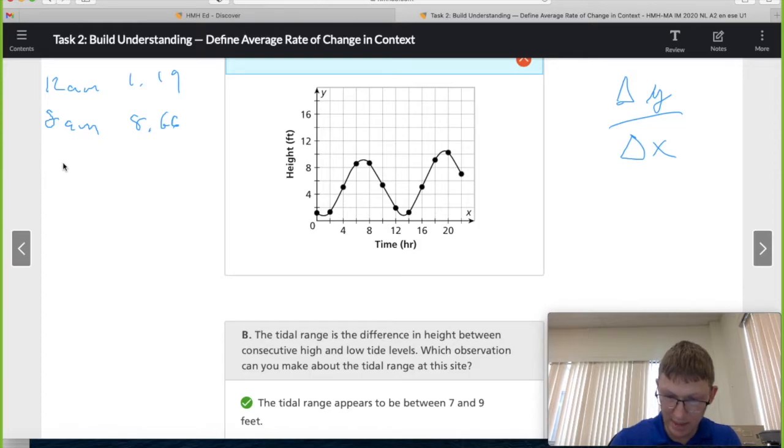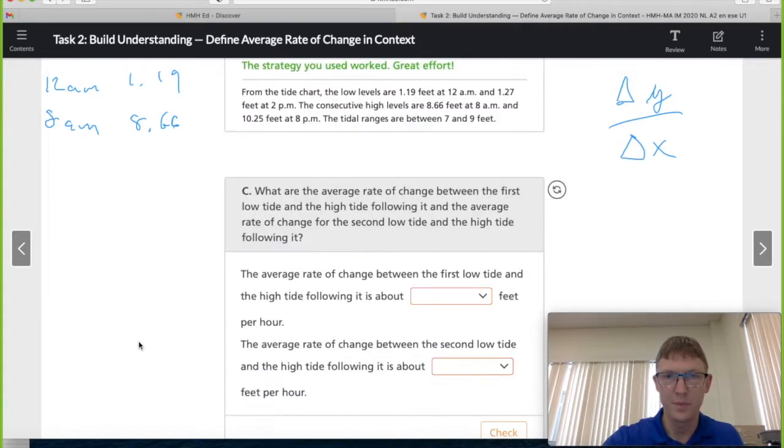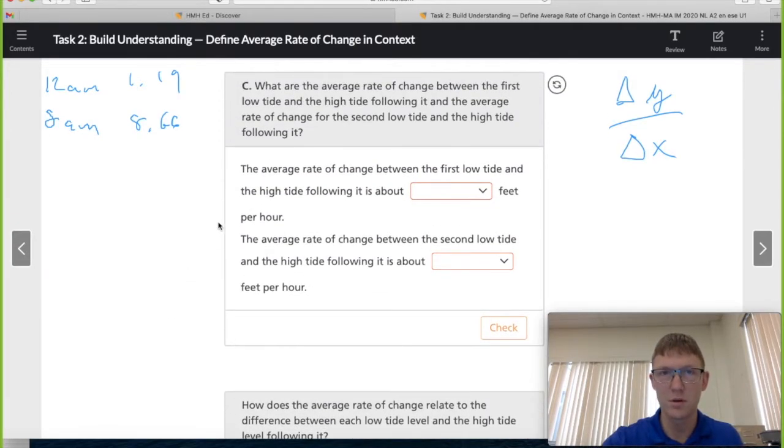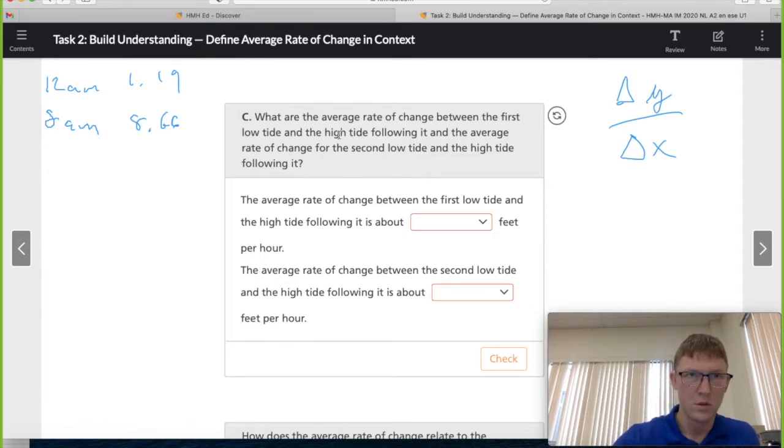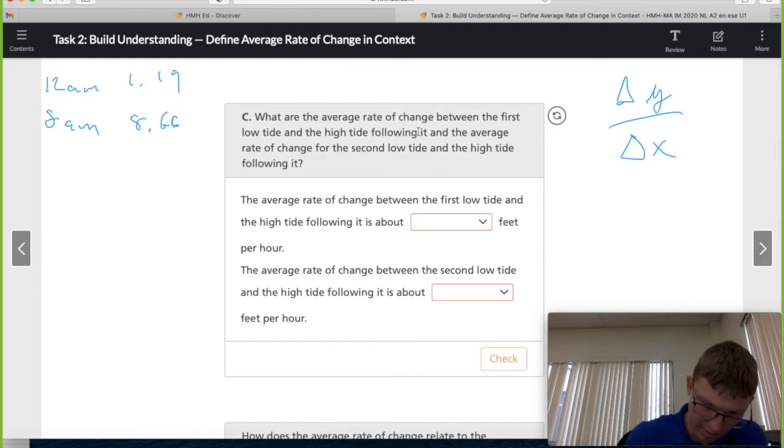So that's going to give us, and if you look at our units, it'll make more sense, feet per hour, right? That seems like a good thing to have. And if you need further realization in context, it's given feet per hour, so that's what we're going to do. So we're going to go this one minus that one.